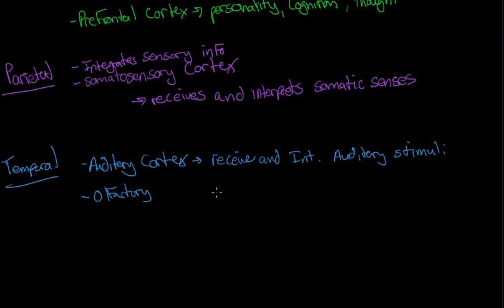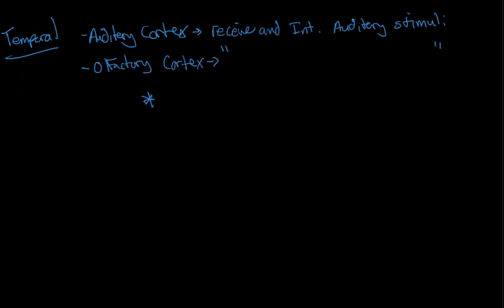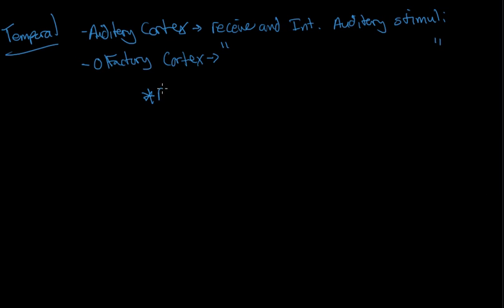Olfactory cortex, which is going to do this as well, but this olfactory cortex is reduced in size in humans in comparison to comparative anatomy, which allows for the limbic system to take rise. Let me finish this thought.